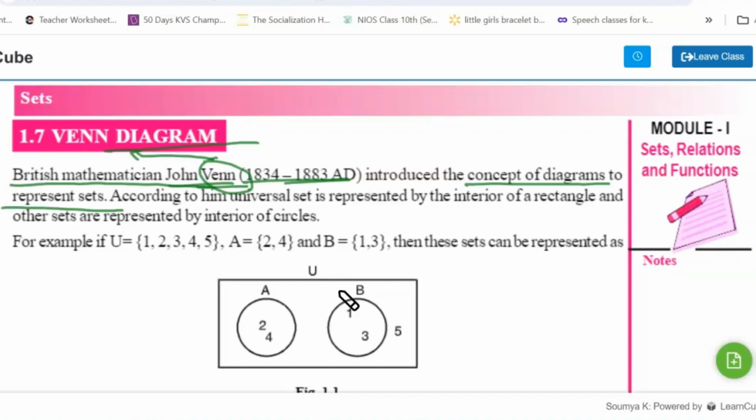So he explained that the universal set is represented by the interior of a rectangle and other sets are represented by interior of circles.